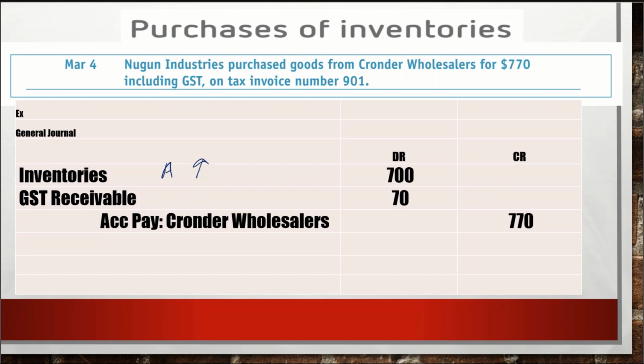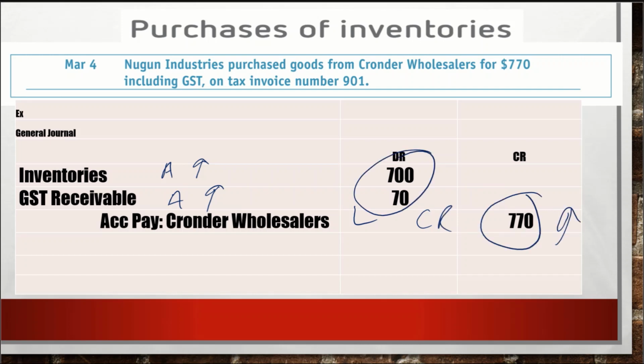Because I am going to pay it, I will still as a business claim it back, so this is also an asset to me. We've created a liability, and the nature of liabilities is credit. We owe them the total amount, so my liabilities will increase with the total amount. And that is your general journal entry for that transaction.